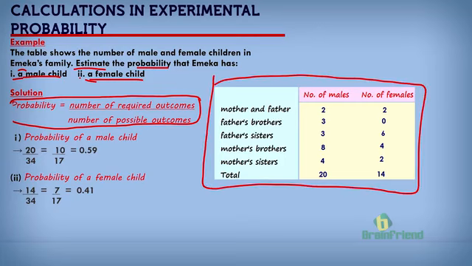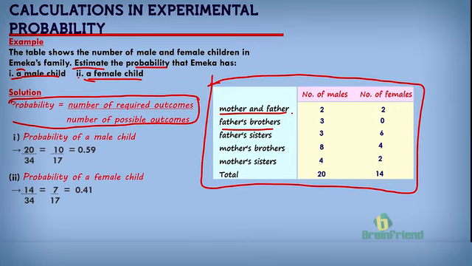From the table, we have the number of males and the number of females from the family of Emeka. From Emeka's mother and father, there are 2 sons and 2 daughters. From the father's brothers, there are 3 sons, no female. From the father's sisters, there are 3 males and 6 females.